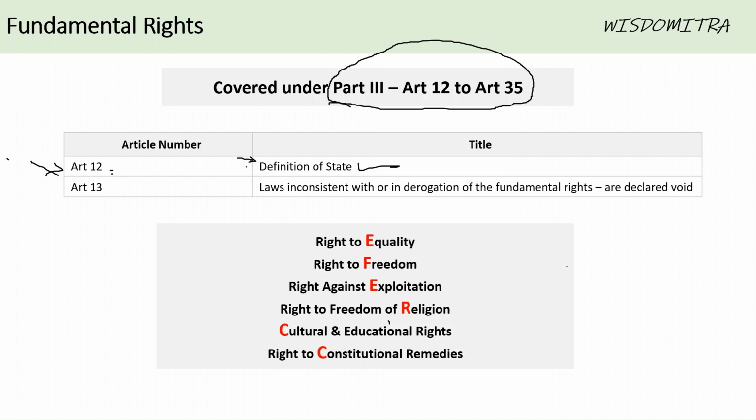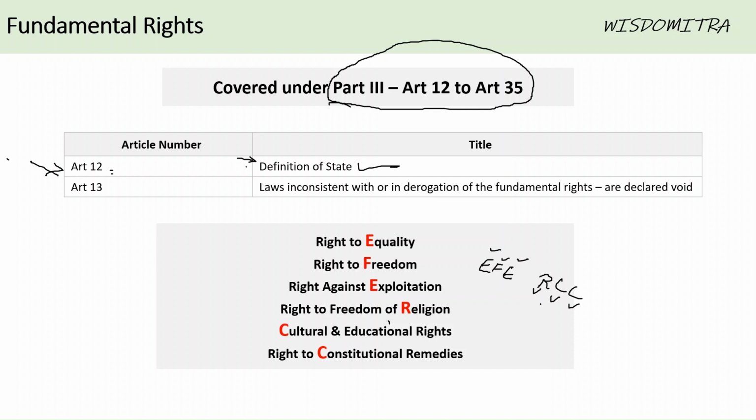RCC is pretty simple to remember. That's how you should be remembering these basic freedoms.